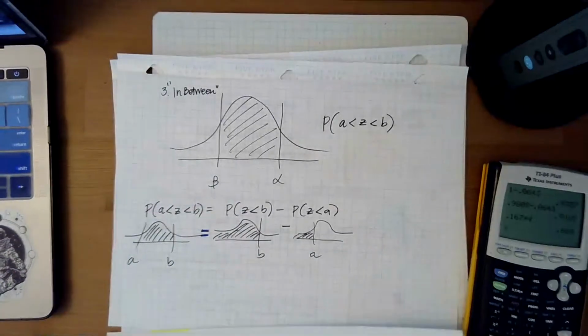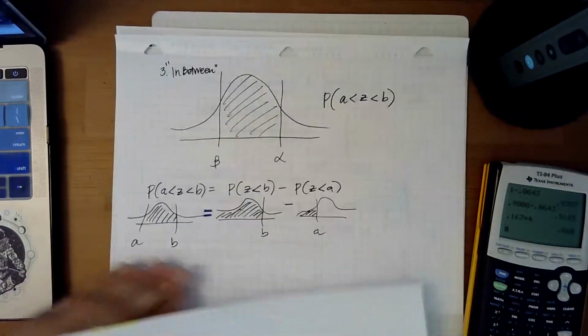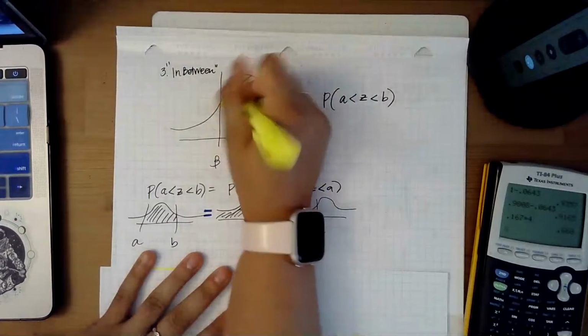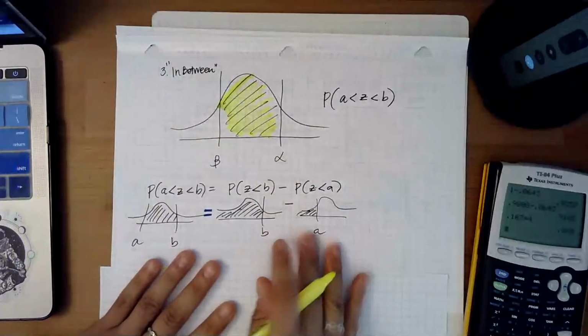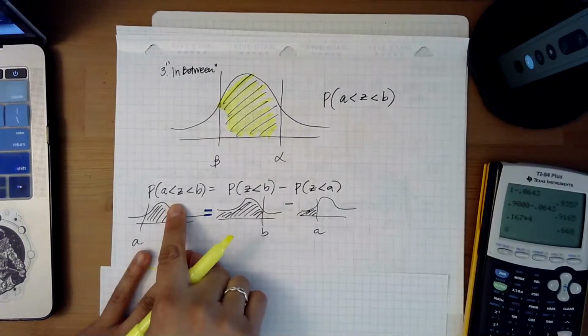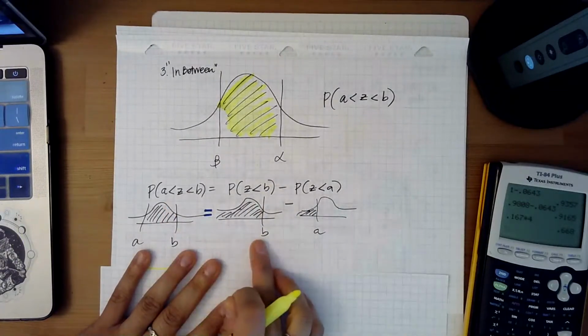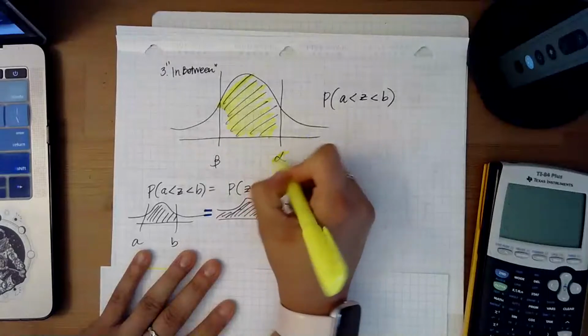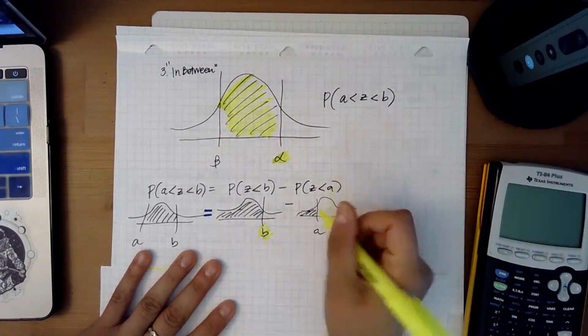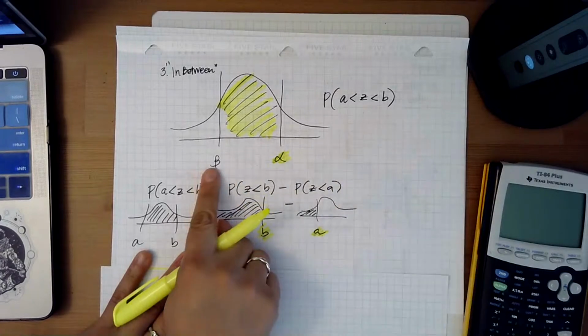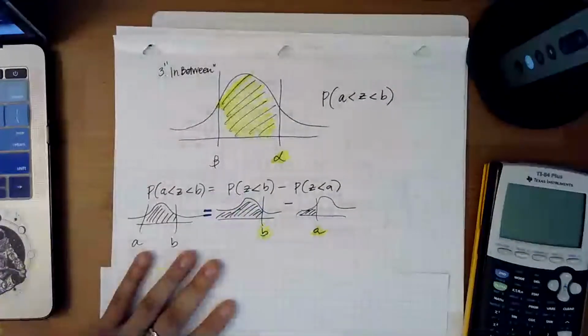Okay. Now let's look at the in-between one. The in-between one, remember the book gives me left-ended analysis. So in order to get an in-between analysis, I look at the left-ended analysis of the furthest, and then I subtract the left-ended analysis of the most left z value.